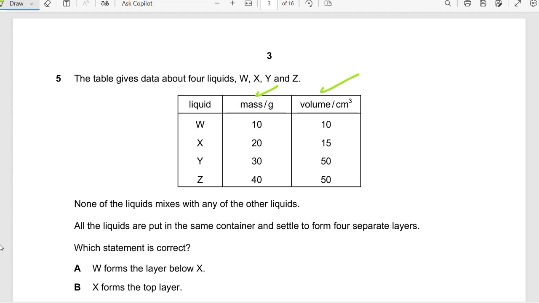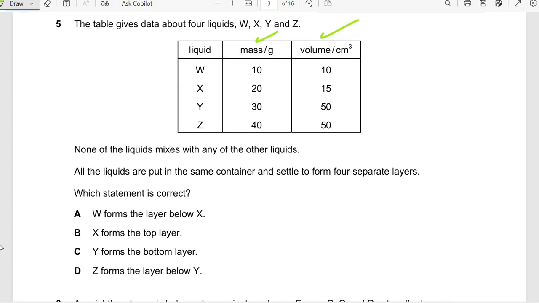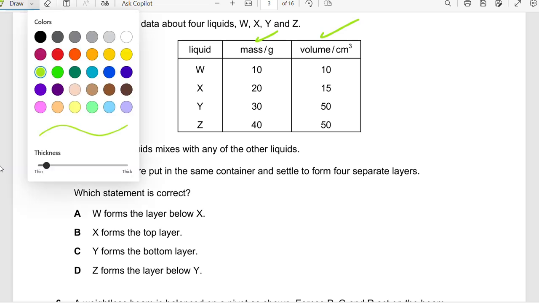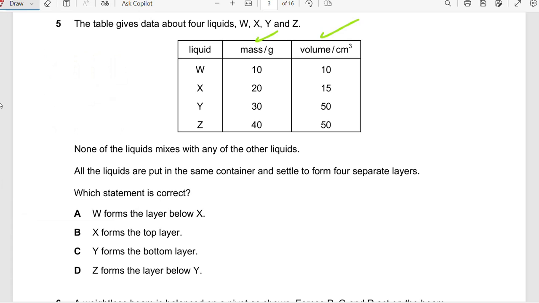All the liquids are put in the same container and settle to form 4 separate layers. Okay. Which statement is correct? Okay, so I need to find the density for each one. Let me remind you, density equals mass over volume. Okay, I have the mass and volume for each one.